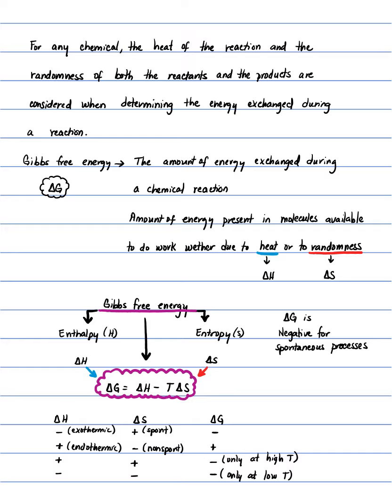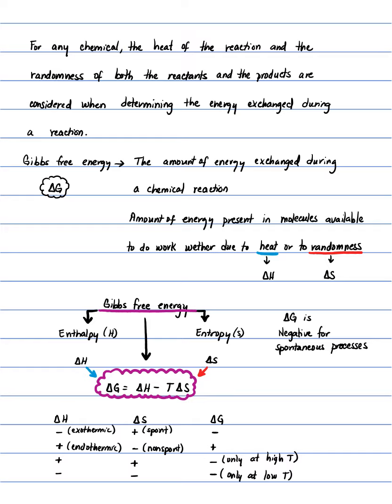Now, the second row in that table at the end represents the opposite. You have a positive delta G, non-spontaneous process. Now, that's going to happen because if you have a positive delta H, right? Positive delta H represents an endothermic process. When you have an endothermic process, for that process to actually happen, it requires energy.